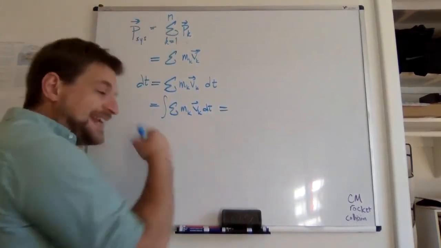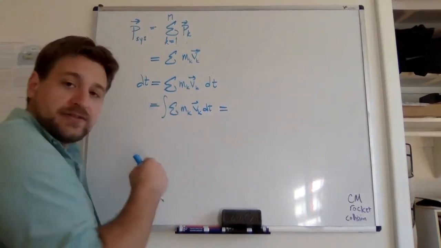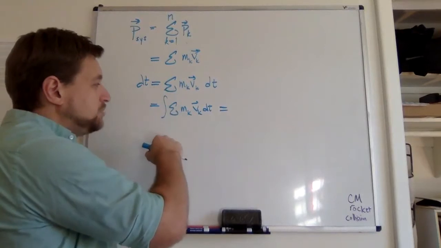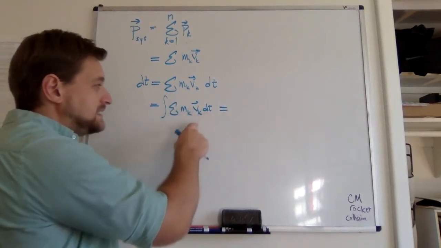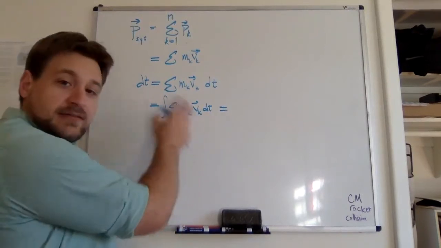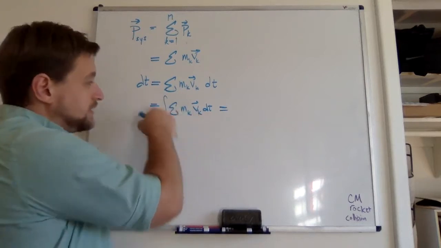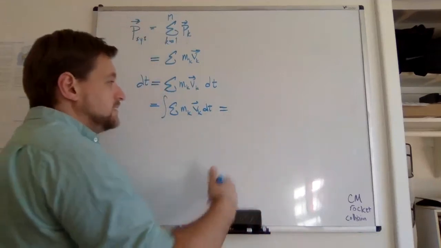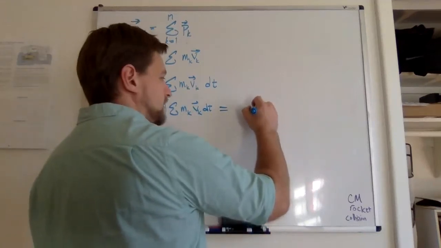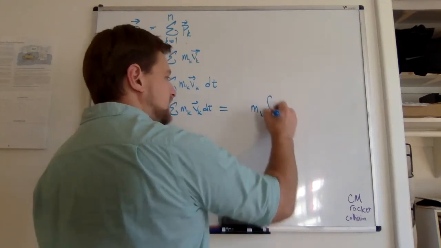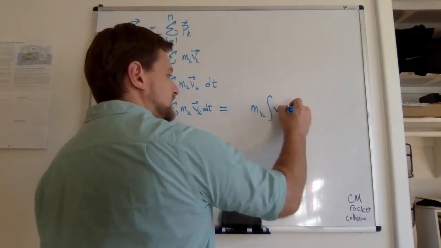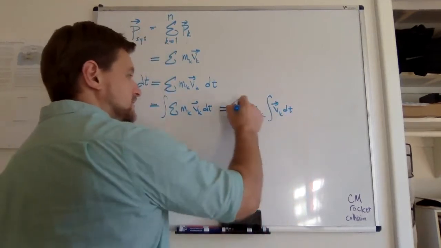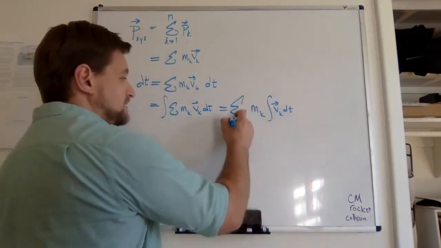So we can pull it outside each term's integral. If we pull the mass outside, we're just integrating v dt. So for each one, we end up with a mass times the integral of v dt, and we're going to have n of those because there are n pieces in our system.